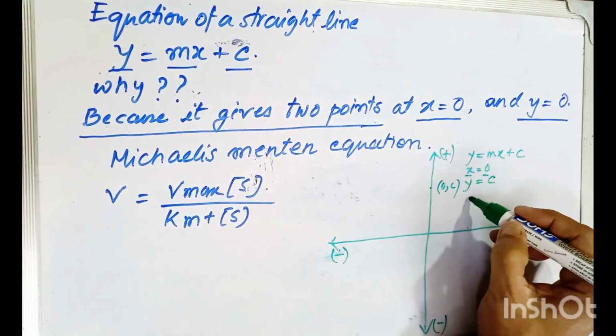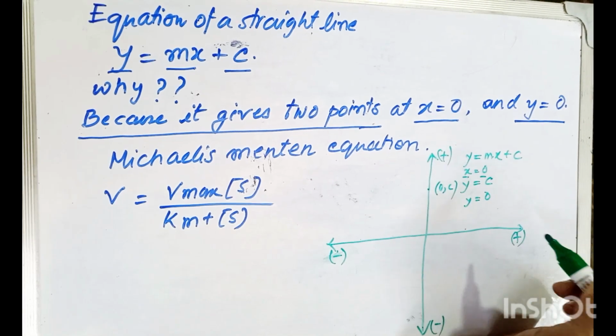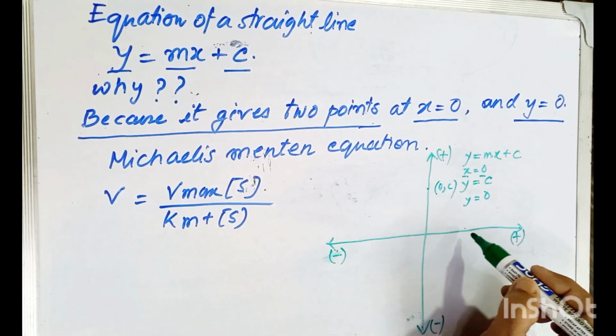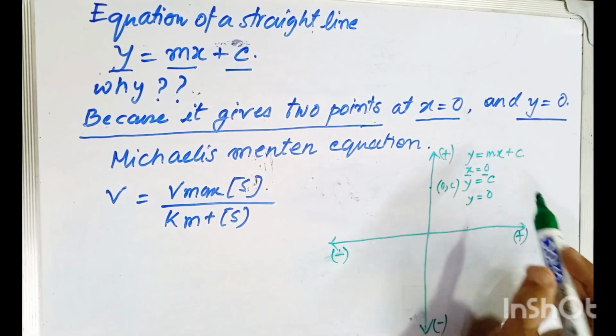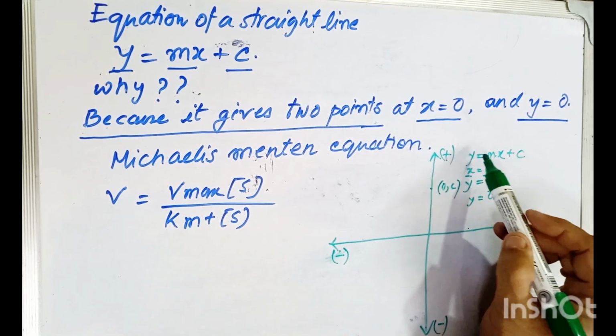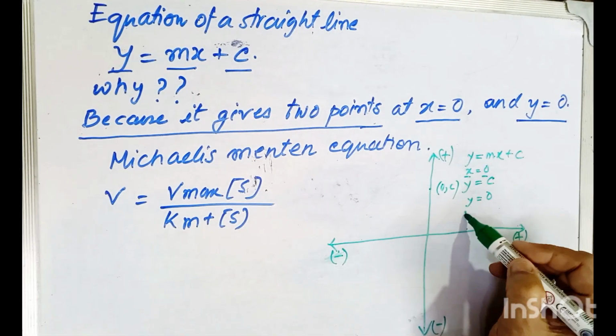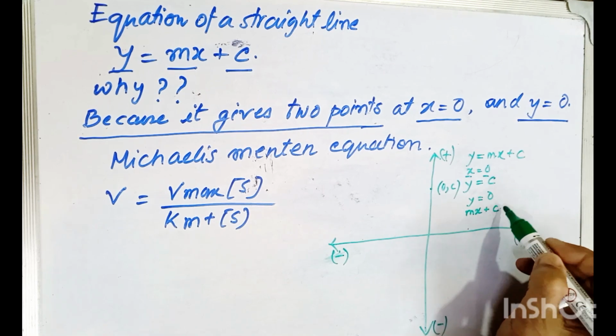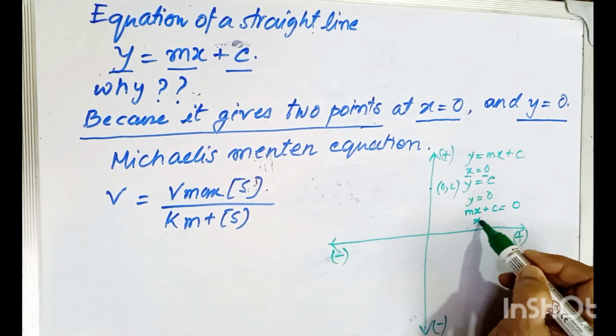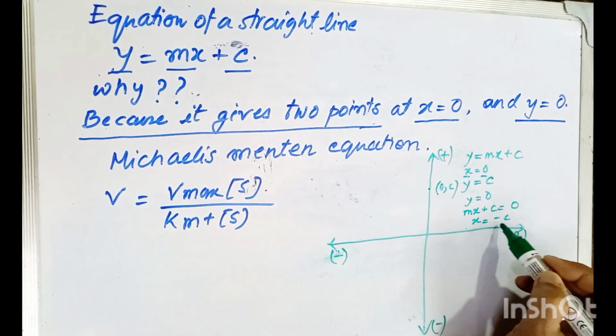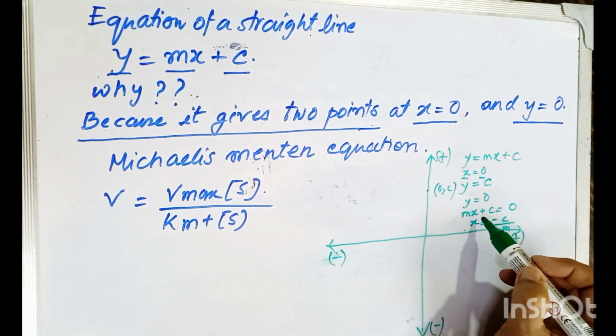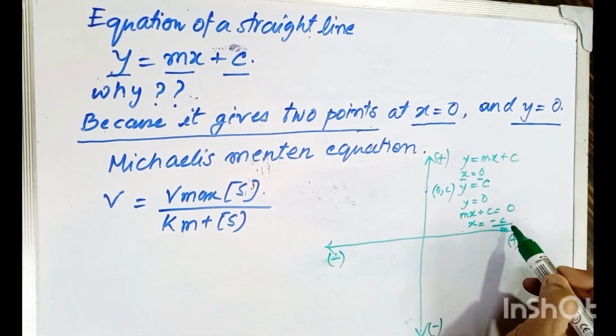At y equal to 0, the point will lie on the x axis. At y equal to 0, mx plus c equal to 0, or x equal to minus c by m. C goes here and m goes below.